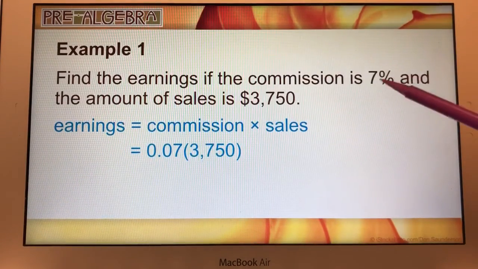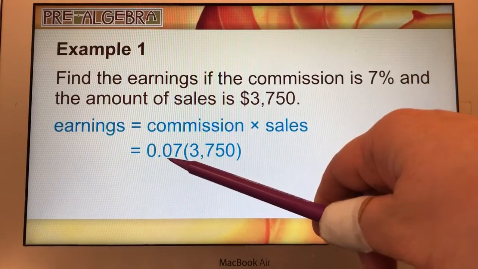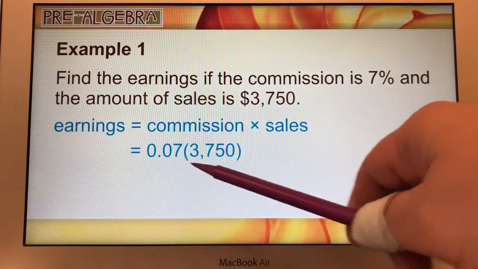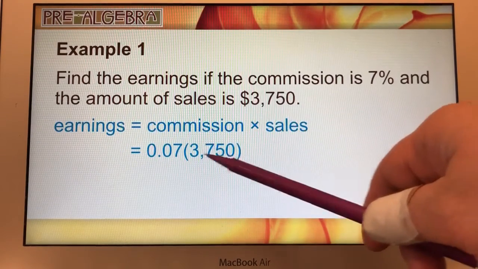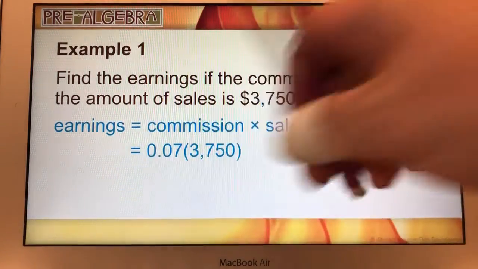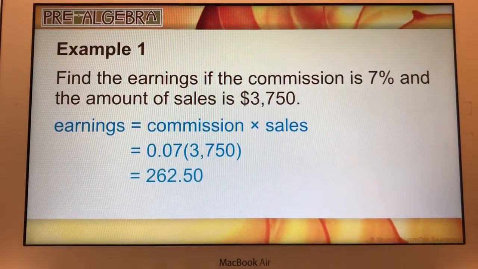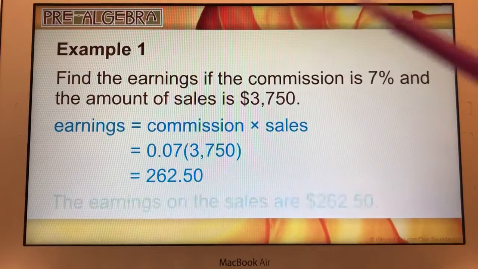So the commission is 7%, and we convert that into a decimal, 0.07. And you multiply that by the sales price, $3,750, and that's going to give us the earnings. That's going to give us the amount that the salesman gets to keep, $262.50.